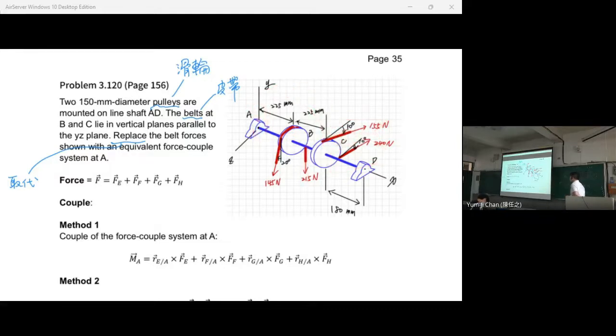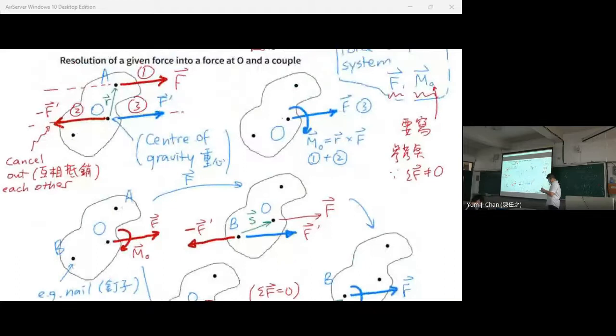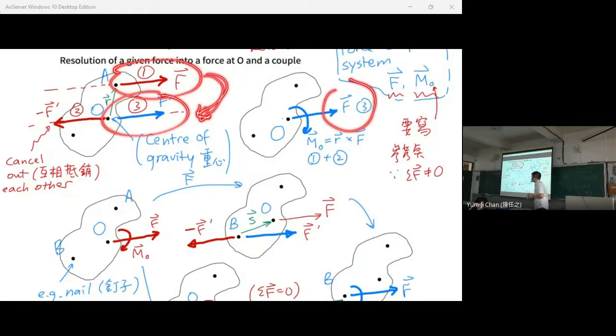For the final force couple system, the force part is easy, because by moving the force from point A to point O, the magnitude and the direction of the force remain the same.